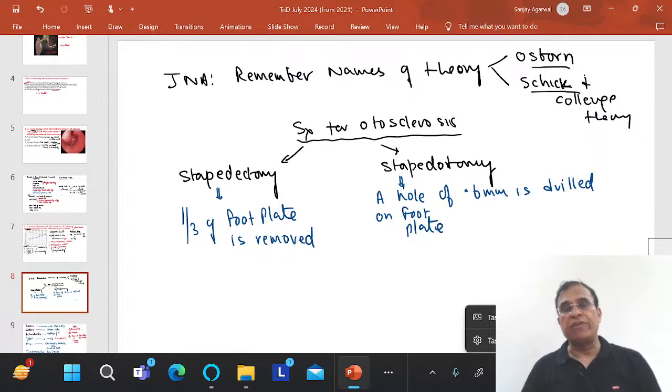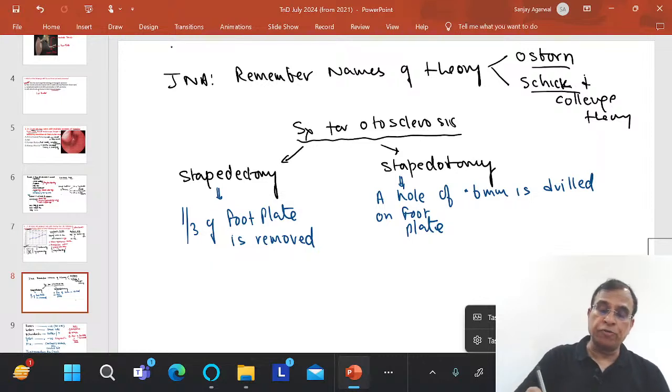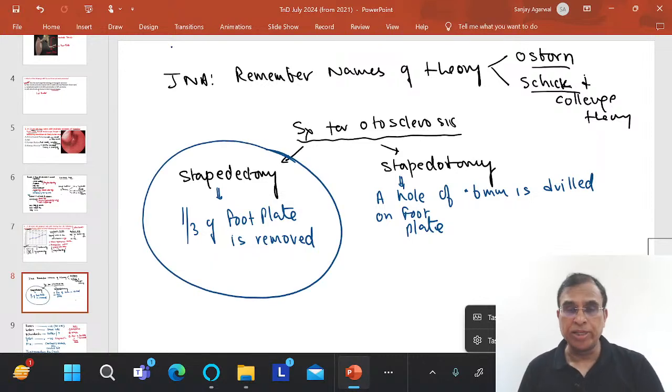So now you decide for yourself. Can I say that in stapedectomy the foot plate is removed? I don't think that is a correct sentence, because the whole foot plate is not removed. Here 2/3 of the foot plate is retained, right? So it is not completely removed.